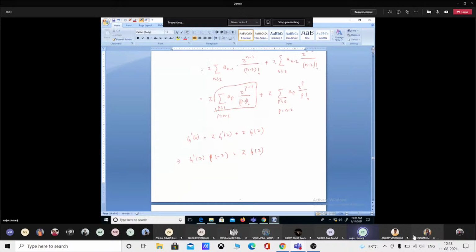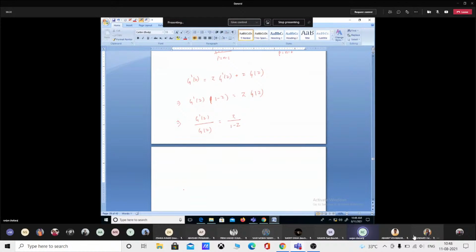Okay, and now we have to find the gz. How can you find it? All are functions of z. Now you use calculus to solve it. How can you find it? Any idea?